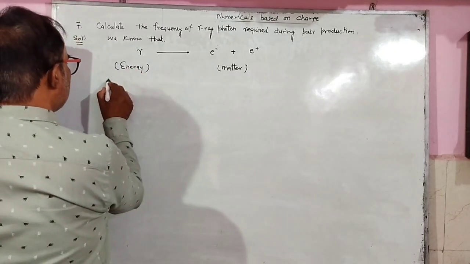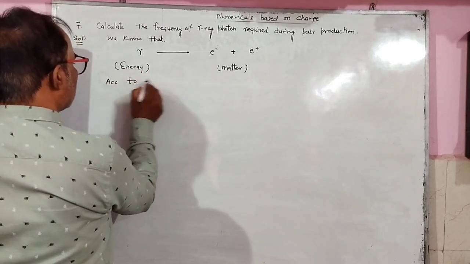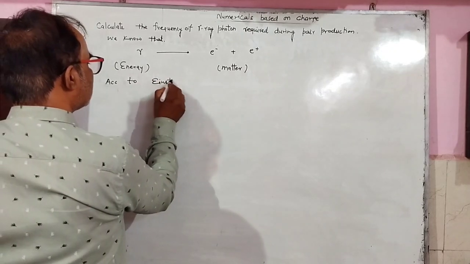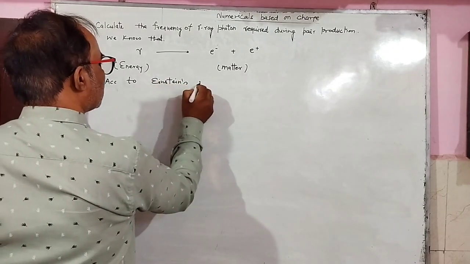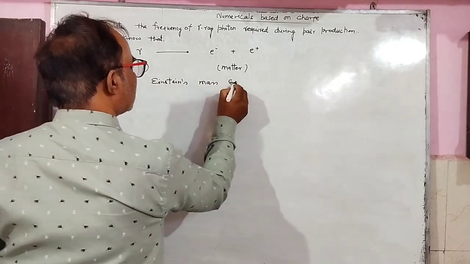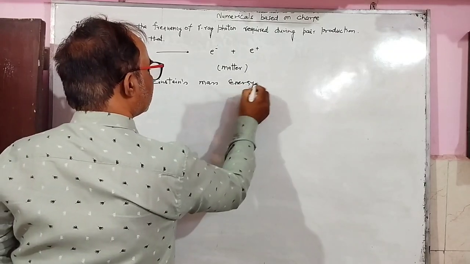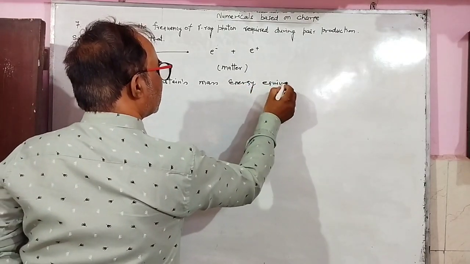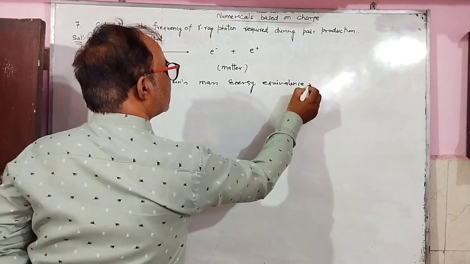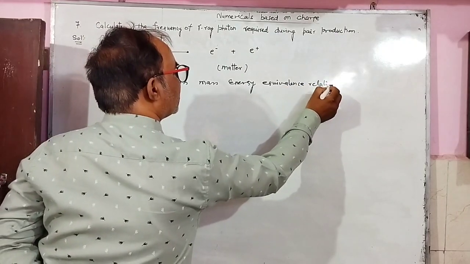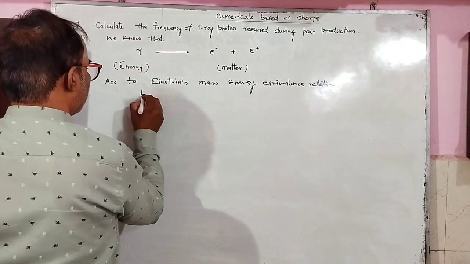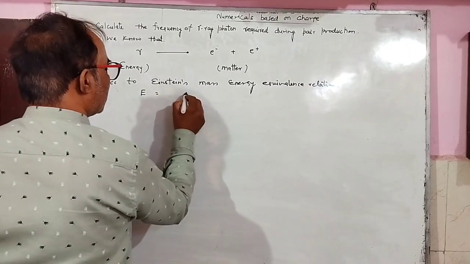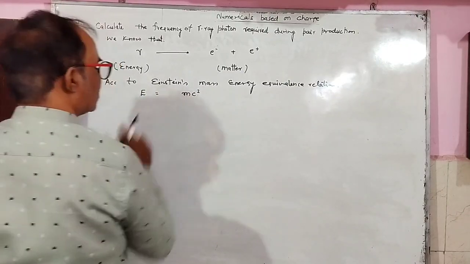Since according to Einstein, mass energy equivalence relation, E equal to mc square.